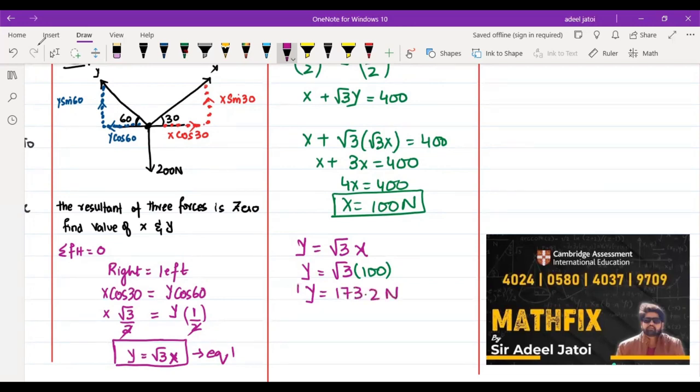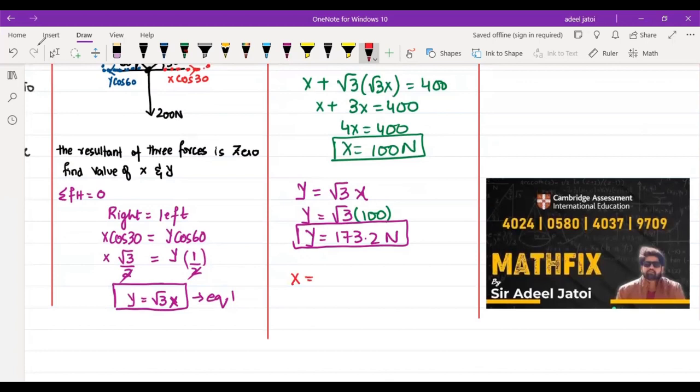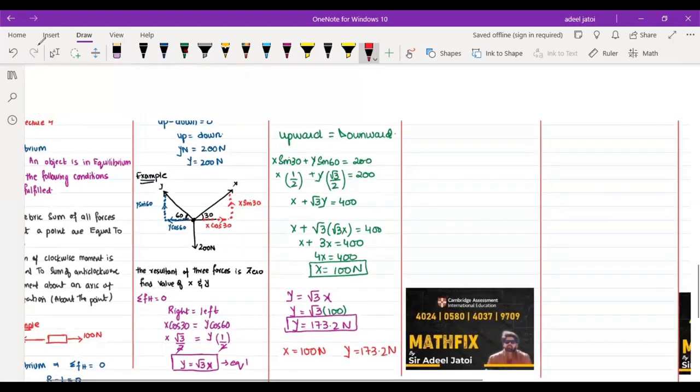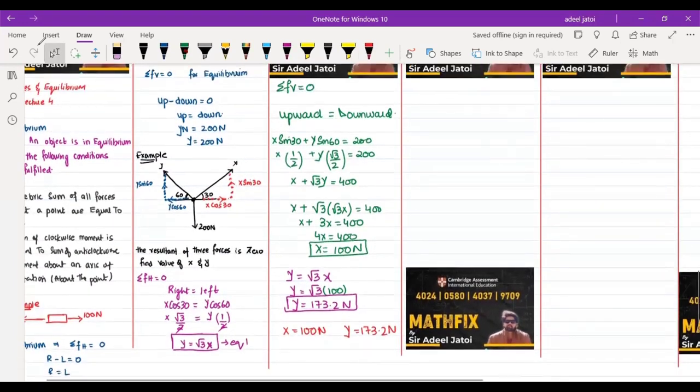So in this question, x is 100 Newton and y becomes 173.2 Newton. We did this because the question was related to equilibrium, knowing the fact that upward force is equal to downward force and right is equal to left.